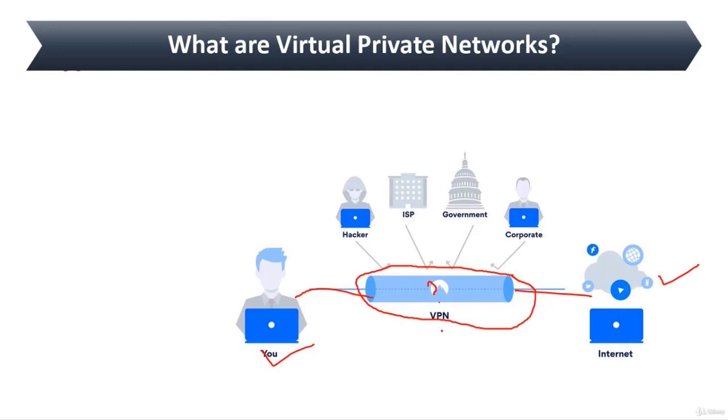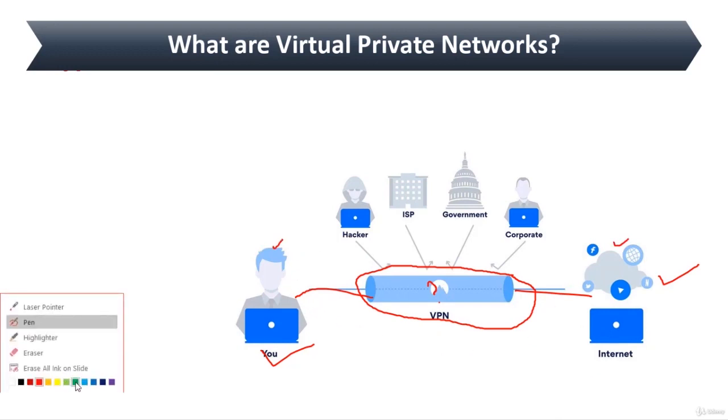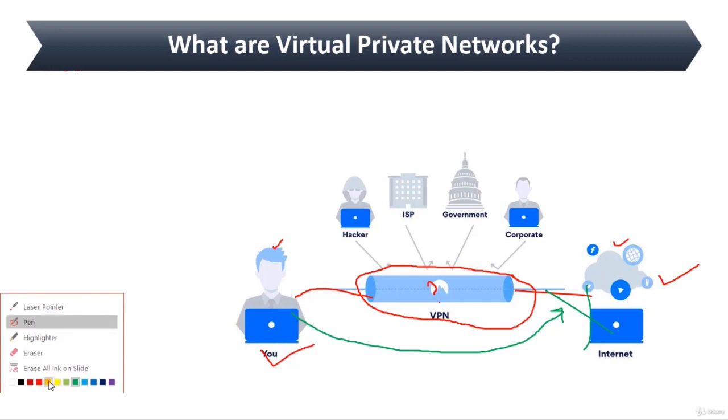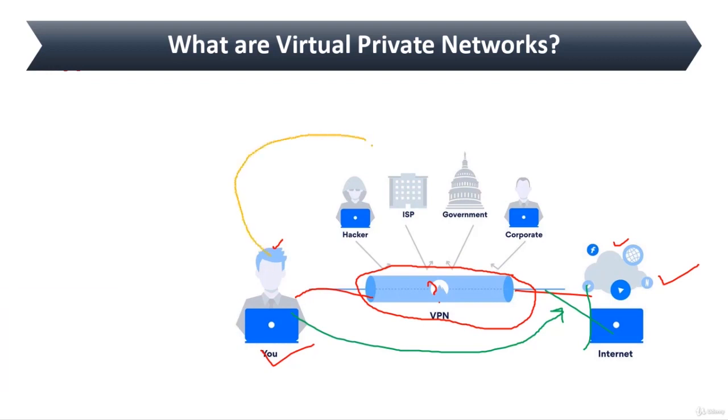Now, in some cases, let's say you're watching a Netflix movie. If you are from India or the US, some movies of, let's say, European countries are not allowed to be broadcast in your country. So what most people do is they make use of a VPN.